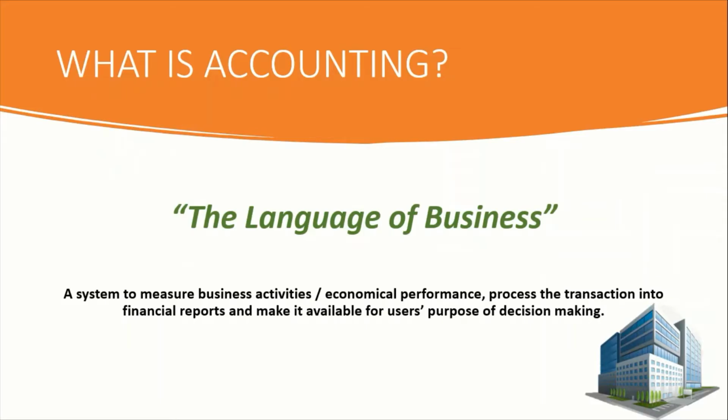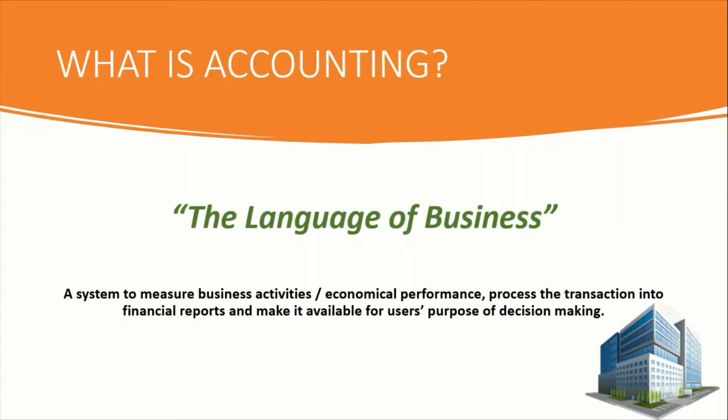So what is accounting? The simplest definition of accounting is the language of business, a system to measure business activities or economic performance, process the transactions into financial reports and make them available for users for the purpose of decision making.